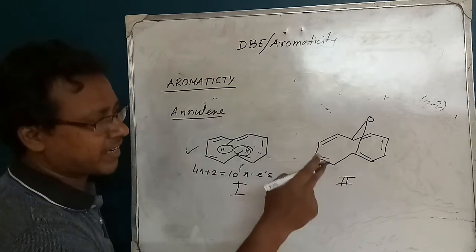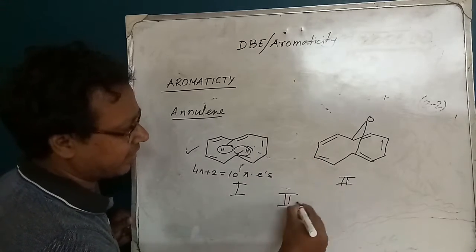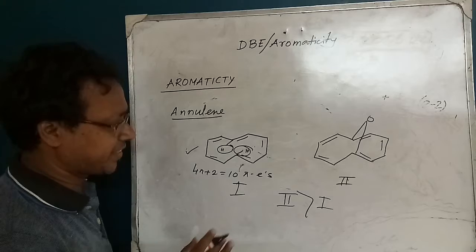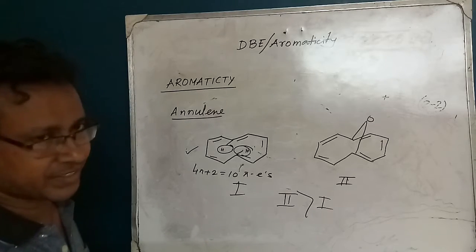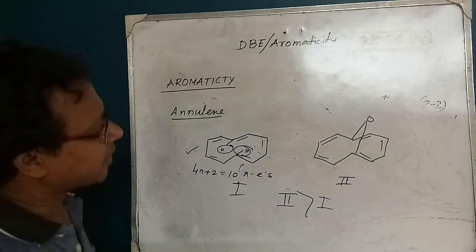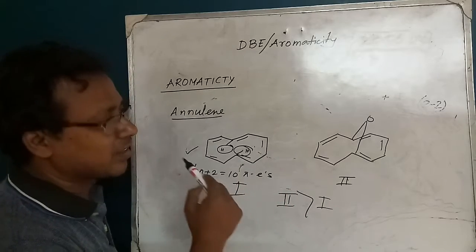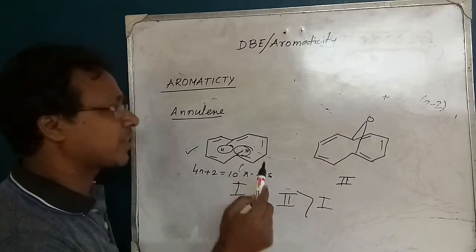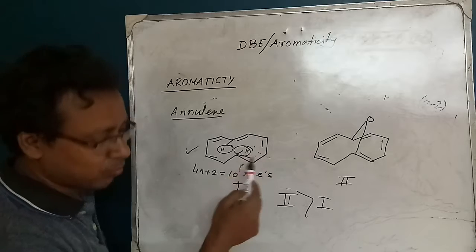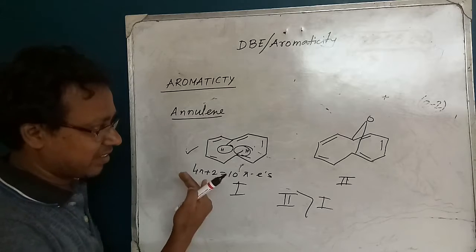Here the hydrogen atom is absent, hence 2 is more aromatic than 1. Here the planarity of the ring is maintained. Okay, that is the annulene system. Whenever you find this type of case, you can always answer that this type of bridged compound of the annulene system has more aromaticity than 1.